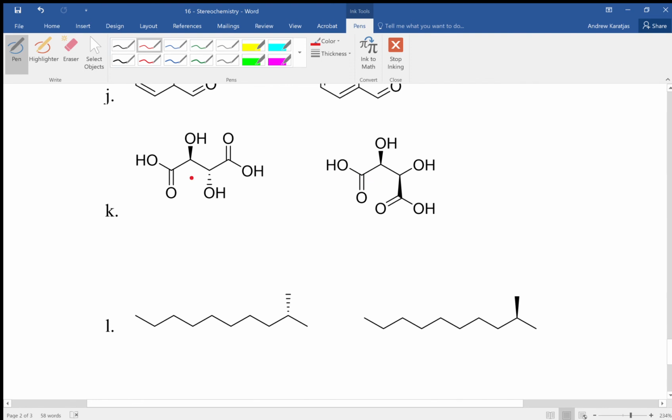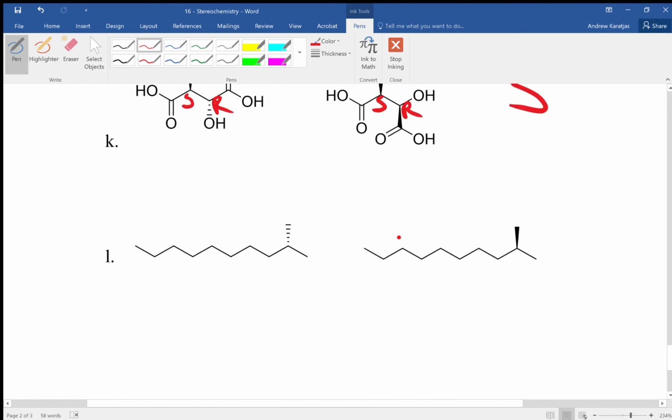But all I did was I rotated about that bond. And so this is a great case where you can use your model kits, but it's also a great case where determining R and S can help you quite a bit. We have S here and R here, whereas in this one we have S here and R here as well. Since neither chiral center changed, they're the same.